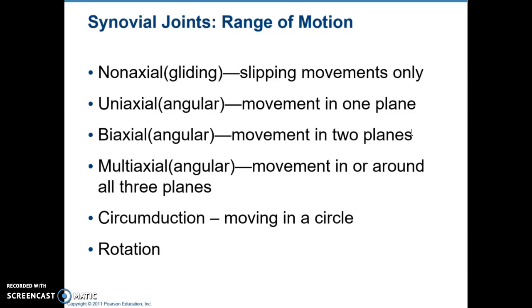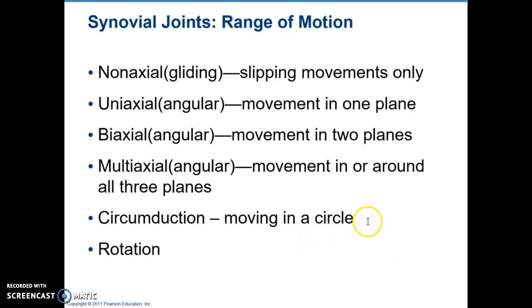Multiaxial means you can change the angle between two bones through three or more planes. So think about how your shoulder works or how your hip works. You can do angular movement in almost any plane you want to.